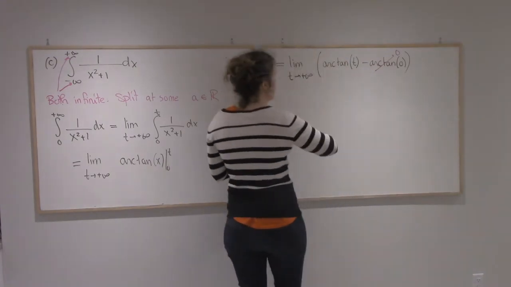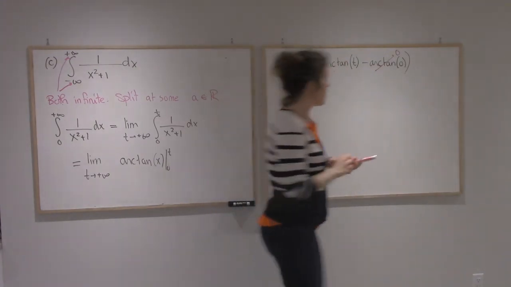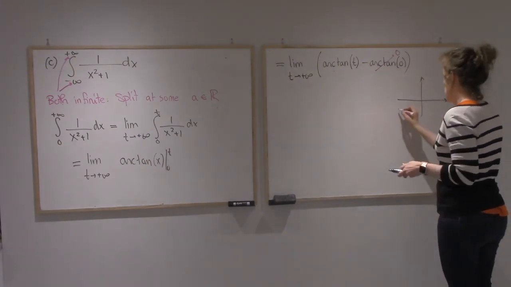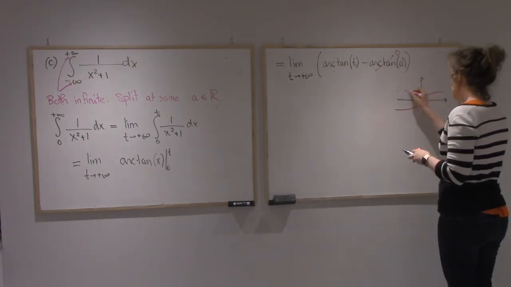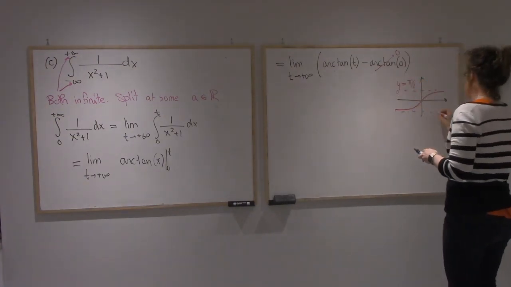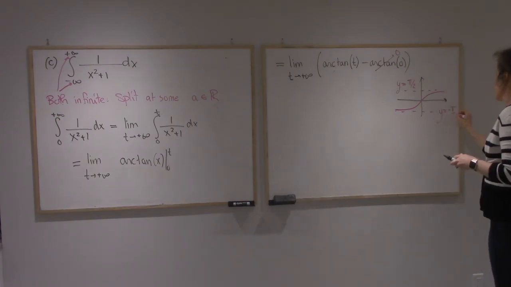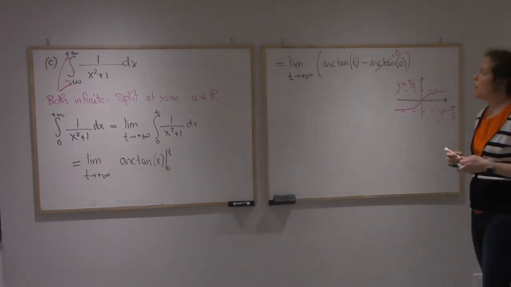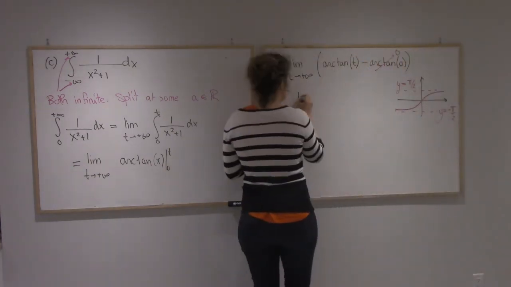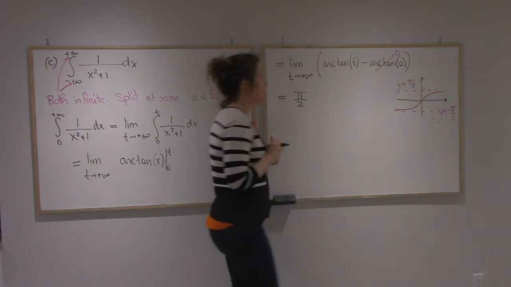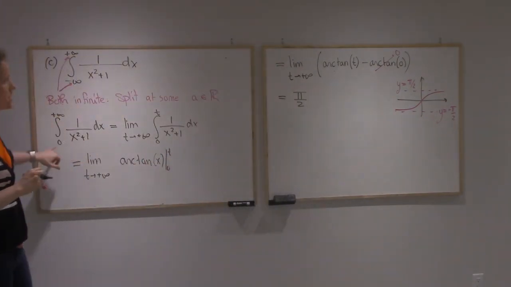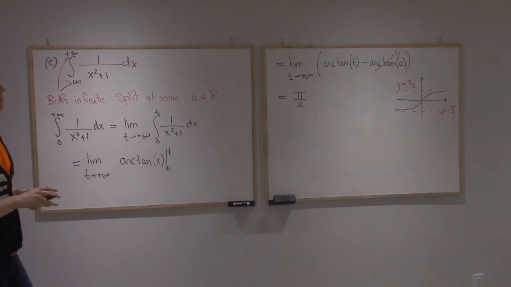And then I have a limit of arctan of t. If you remember the graph of arctan, excellent. If you don't, here's a review. It has two horizontal asymptotes at pi over 2 and minus pi over 2. So if I go to positive infinity, I get pi over 2. So the first integral from 0 to infinity gives me pi over 2.